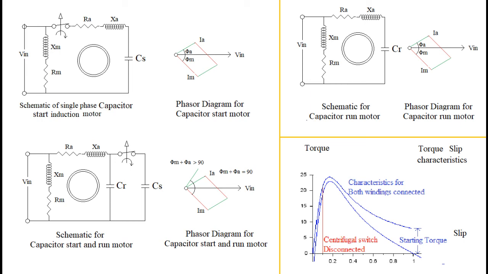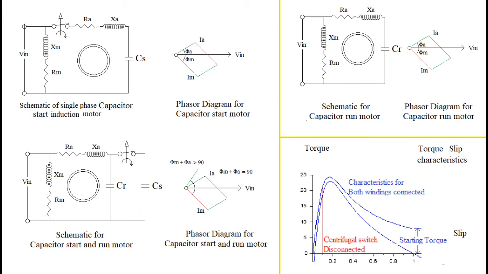The advantage of using this motor is that it offers high starting torque. Under running conditions, the reverse rotating field due to the main winding's pulsating flux is nullified, since the angle between the two currents is 90 degrees. By selecting a capacitor of appropriate rating, the angle between the currents of the auxiliary winding and main winding is set at 90 degrees, and the motor works just like a two-phase motor.